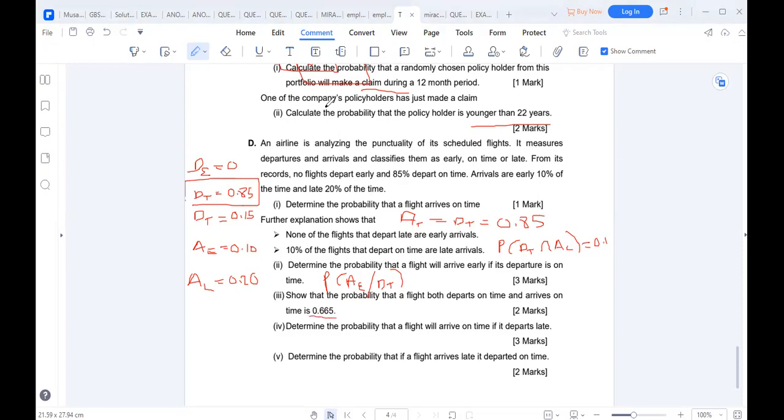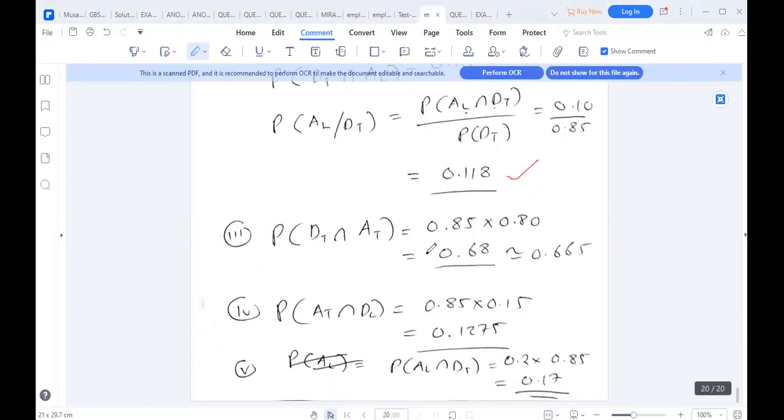According to my computations, it was not exact, but it was close. Arrive on time and depart on time, just multiply the two figures. It departed on time as 85% and arrives on time as 80%. When you multiply these two, you get 0.68, which is almost 0.665. So you get that figure there.